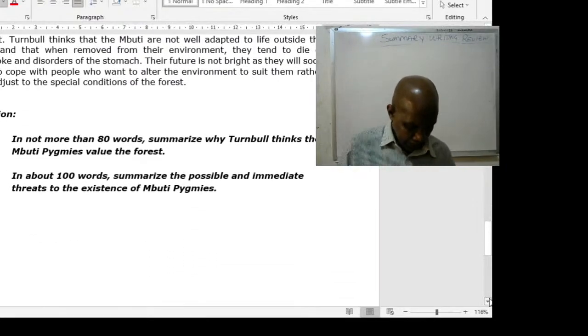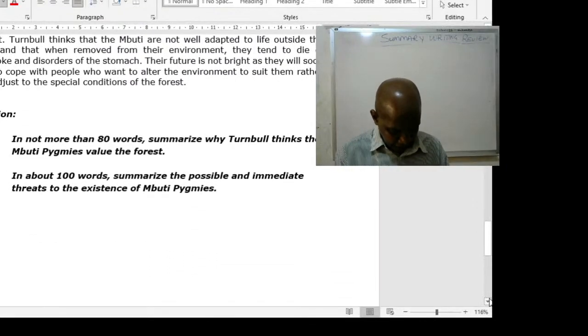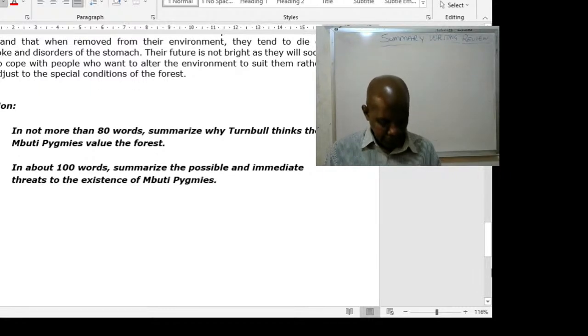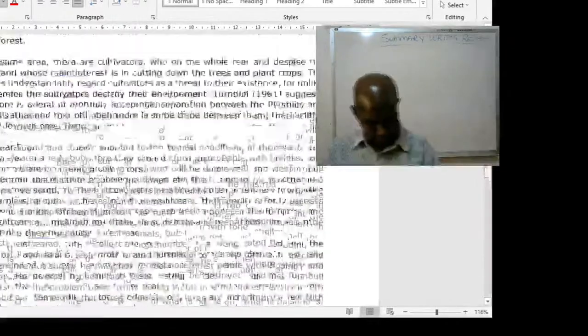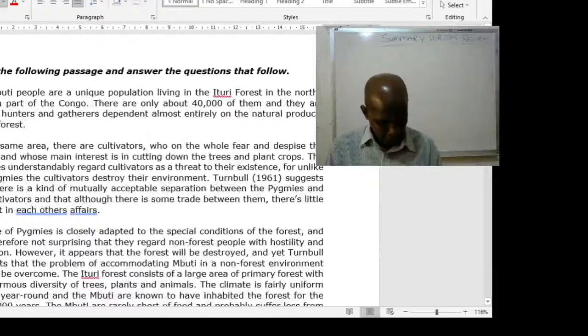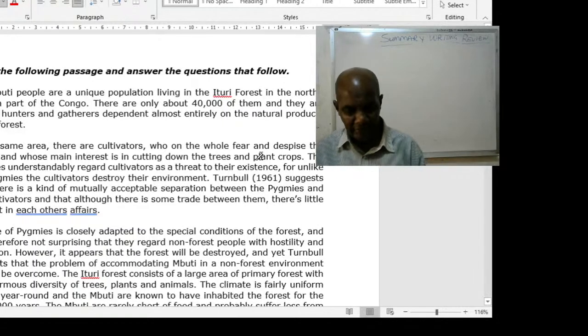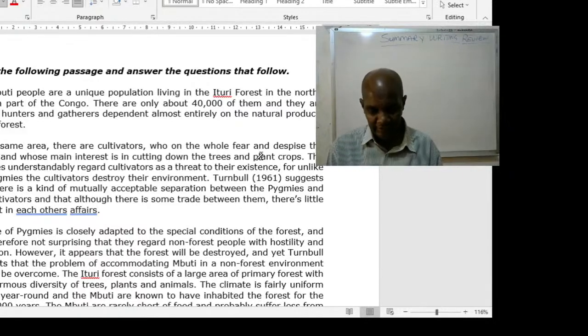Now, I will refer you to the second paragraph. You are told that in the same area where the pygmies live, there's a group of people called the cultivators. Their role is not to maintain the forest, but to cut down trees. Remember, we said that the forest is the home of the pygmies. Therefore, anybody who cuts down these trees is disturbing their peace, and therefore threatening their existence.